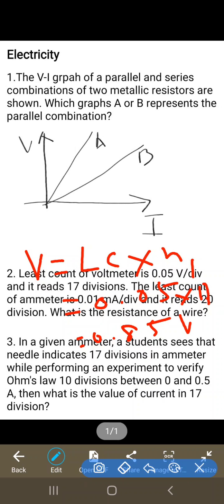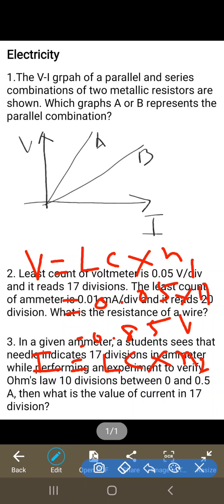Now for the ammeter, the least count is 0.01 milliampere per division. So the ammeter reads I is equal to least count multiplied by n2.